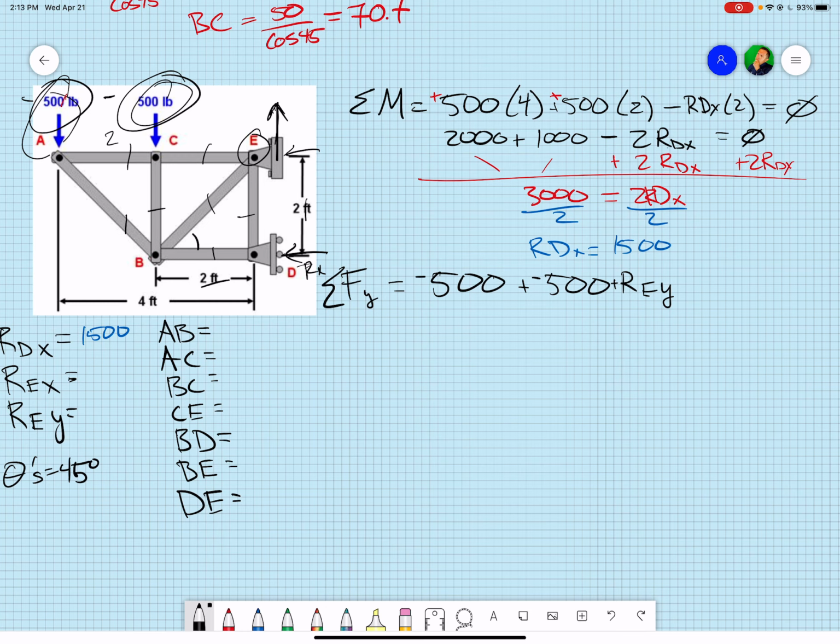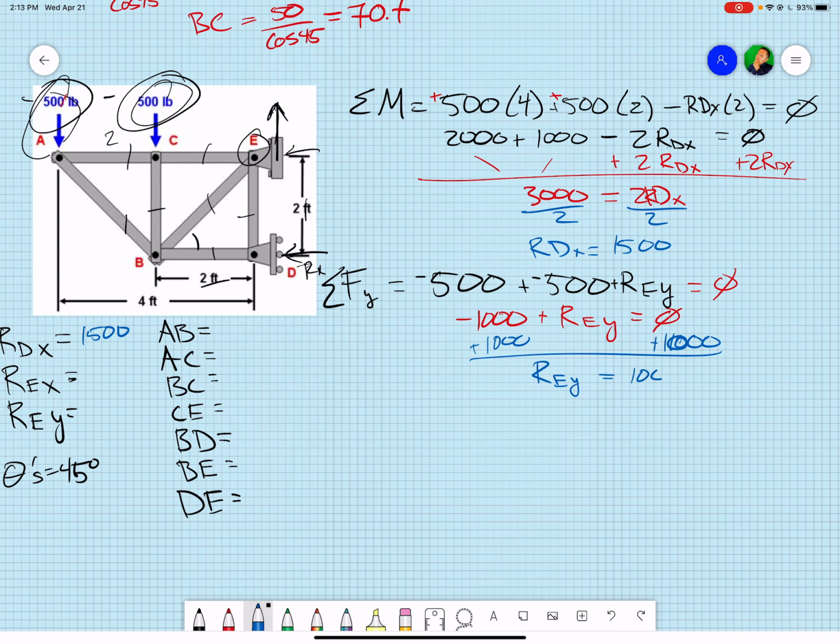Okay, so do a little algebra on that one. We get negative 1,000 plus REY is equal to 0. So add 1,000. And we get that REY is equal to 1,000 pounds of force. So REY, 1,000.